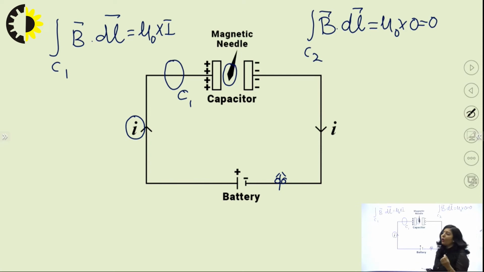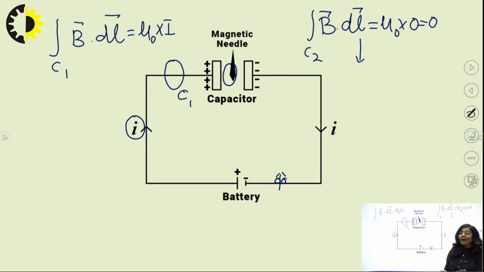But for loop C2, since no actual flow of charge is there, the field for loop C2 should be 0. No magnetic field according to Ampere's law for loop C2.